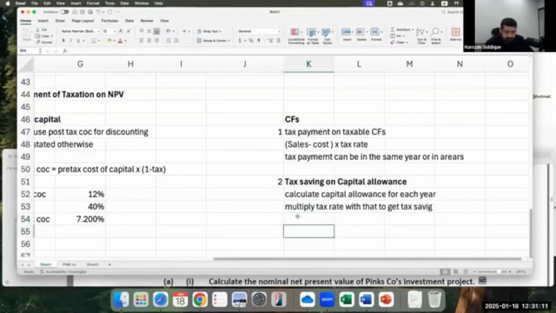Simple as that. And a very important point, tax saving will occur as per tax payment pattern. What does it mean? If tax payment is in the same year, tax saving will be in the same year. If tax payment is in arrears, tax saving will also be in arrears.